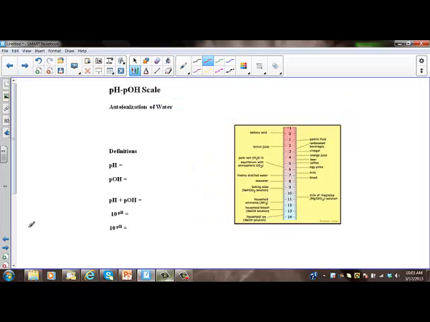Okay, so let's get into our notes. Autoionization of water. As I told you earlier, water is amphoteric.